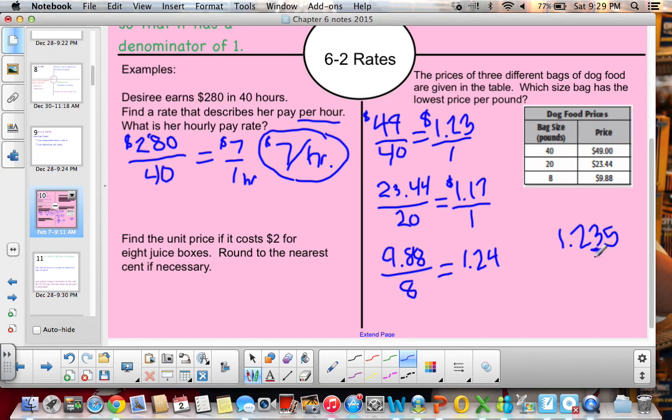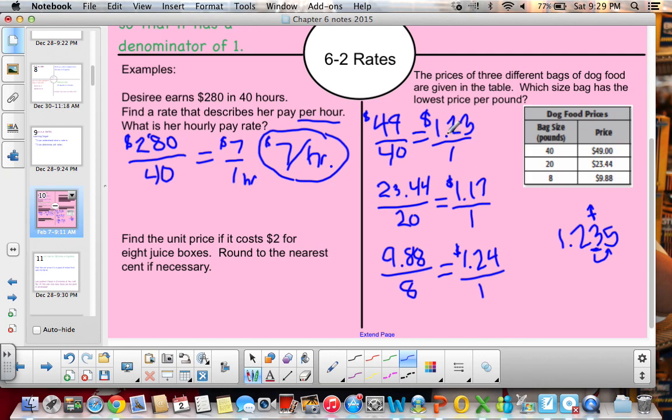So I go to my next place, my thousandths, and because it's a 5, that tells me I go up. I don't know why I did a plus. I should have done an arrow to go up for my round up in my hundredths. So $1.24. And the reason I was careful about that is because it would have changed my answer for my price up there.